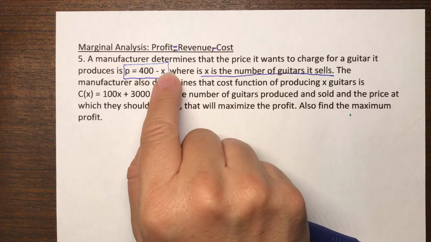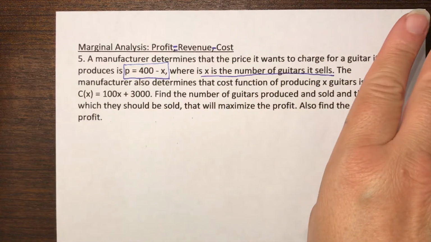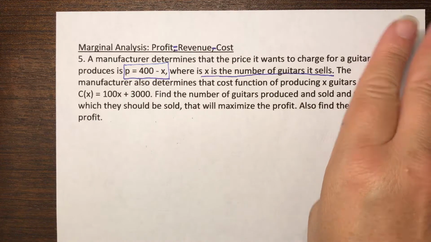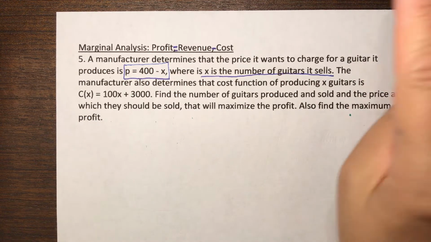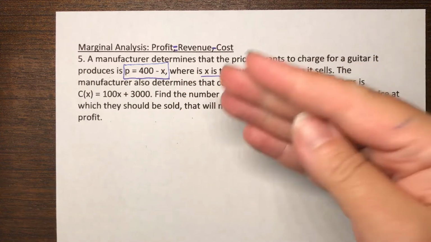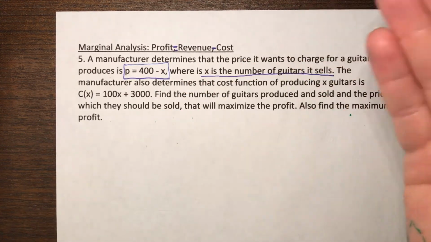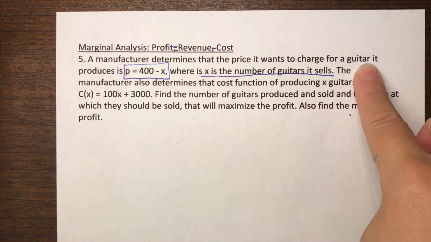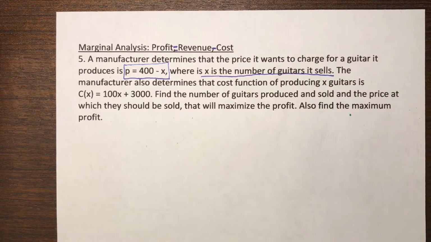If I'm selling you one guitar only, I'm going to charge you $399, right, for that one guitar. However, if you're buying two guitars, what's going to be the price for each, not for both, right? The price per guitar is going to be $398, right?